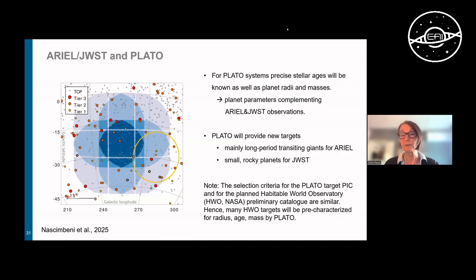The criteria for the PLATO target catalog also match very well with the planned Habitable Worlds Observatory. So when HWO flies, for the targets in the PLATO field there will be pre-characterized planets with mean densities and ages already available.